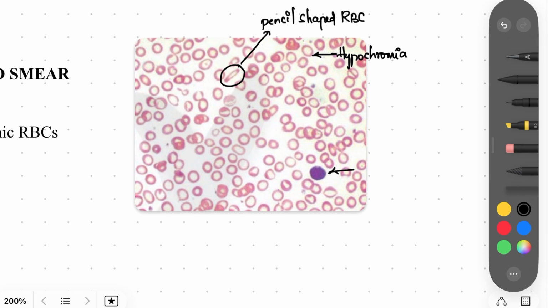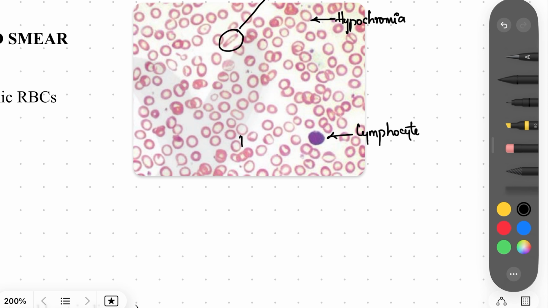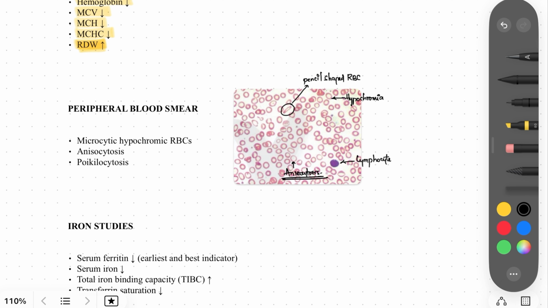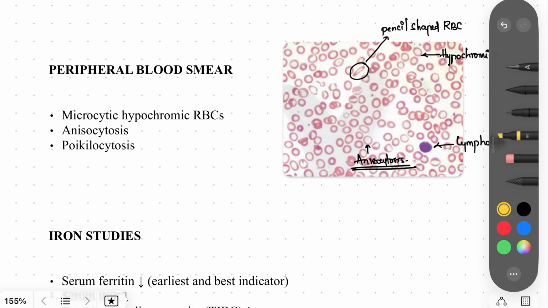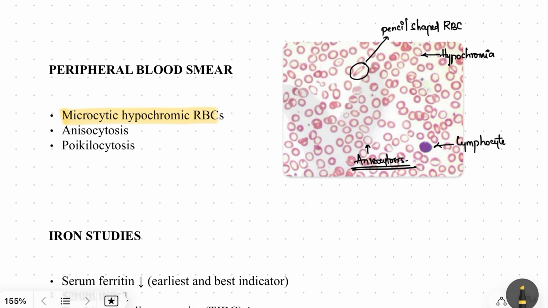First you need to identify the lymphocyte and take it as a reference for RBCs, to see whether they have increased or decreased in size. And these are your anisocytosis. Anisocytosis: tell me in the comment section whether it is variation in size or shape. So what you are going to see here is microcytic hypochromic anemia.